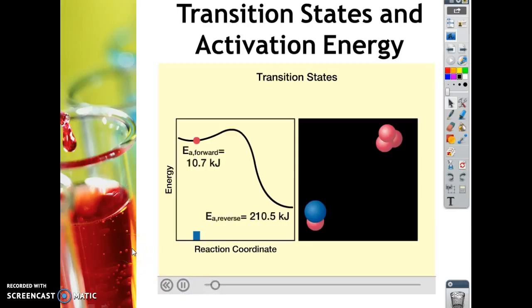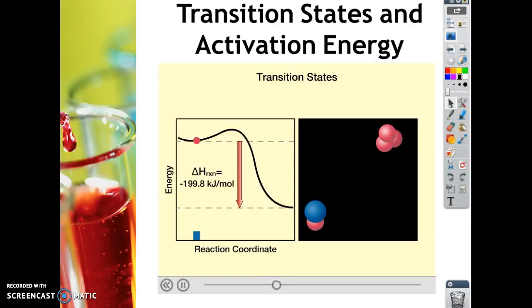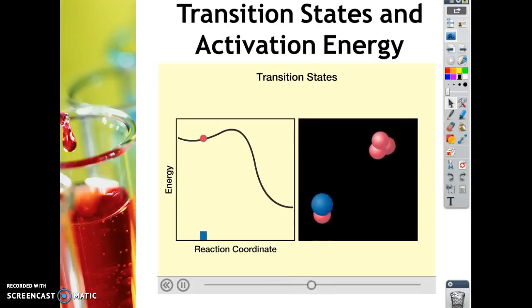Analyze the changes that occur in energy and atomic arrangements as the reaction between nitric oxide and ozone occurs. Initially, the nitric oxide and ozone molecules are separated and are not reacting. The forward reaction proceeding from reactants to products is exothermic by 199.8 kilojoules per mole. Let's see how the energy changes and the molecular changes correspond.